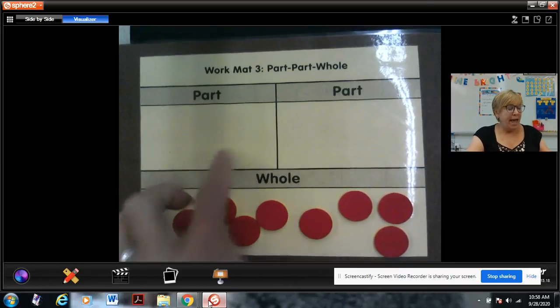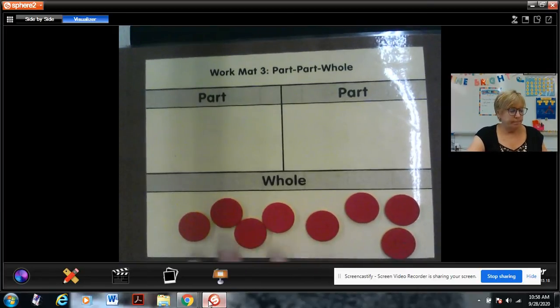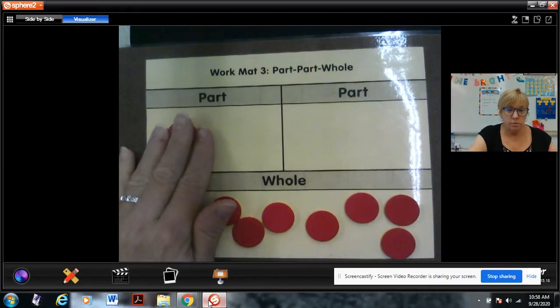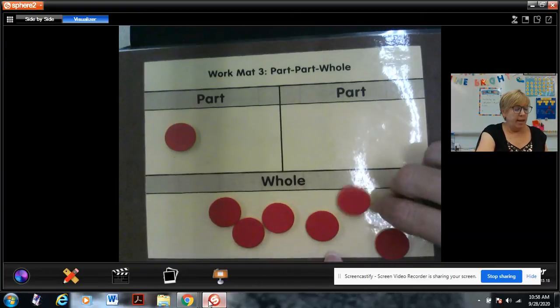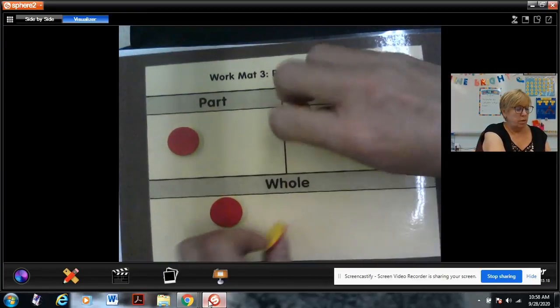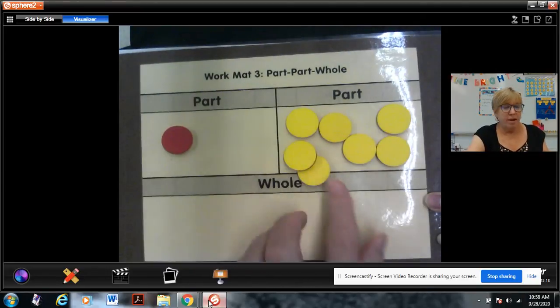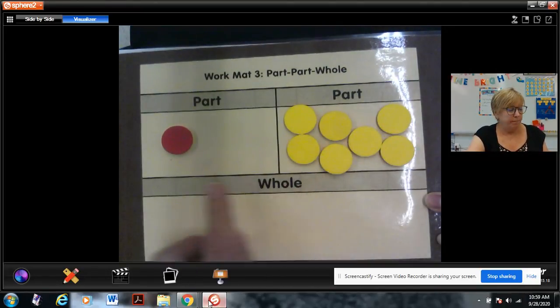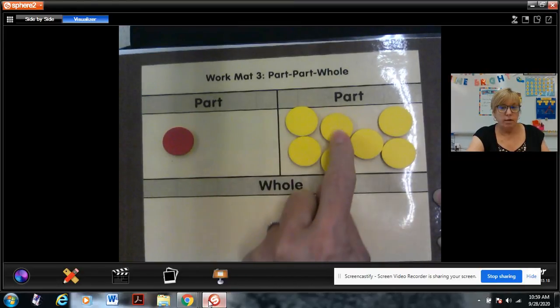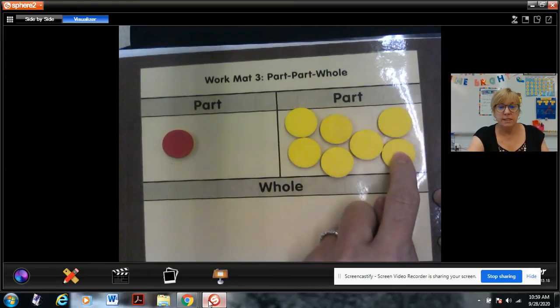All right, I have my first part, I'm going to do 1 here, okay? And you can turn these over if it's easier for you to know. So now let's see what my first math sentence could be. 1 plus 1, 2, 3, 4, 5, 6, 7.